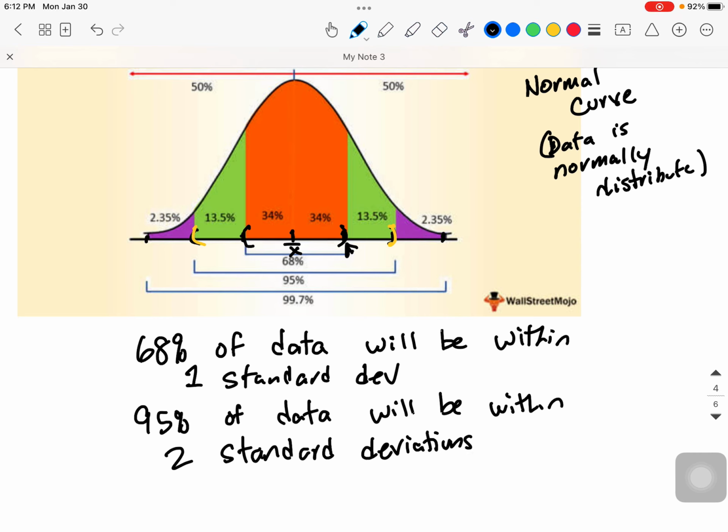Just think about this with your heights or your weights or your commute time or your number of siblings. If I say that the average is some number, and then I just start expanding and making a range of values around that, no matter what you answer, eventually you'll be included in that. And so the third standard deviation, 99.7. So all but 0.3% is going to be within 3 standard deviations.